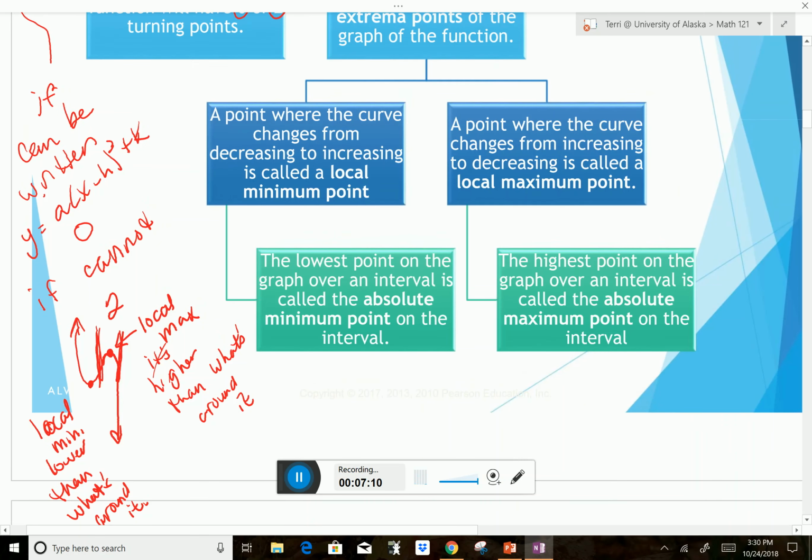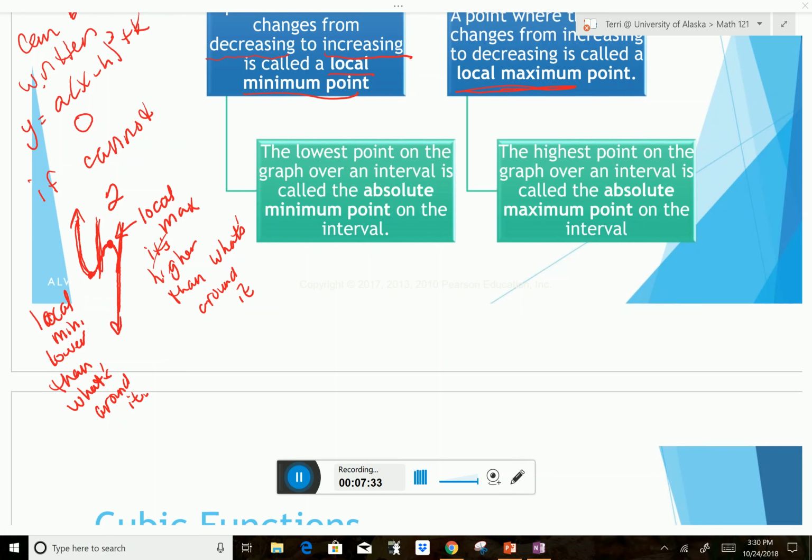This is also the point where the curve changes from decreasing to increasing. So this is decreasing, and now we're increasing. And then when we're increasing and now we're decreasing, that is a maximum point. So we can also think about it that way. Now the lowest point on a graph over an interval is the absolute minimum, and the highest is the absolute maximum. Let's say I have a graph, and it looks like this.